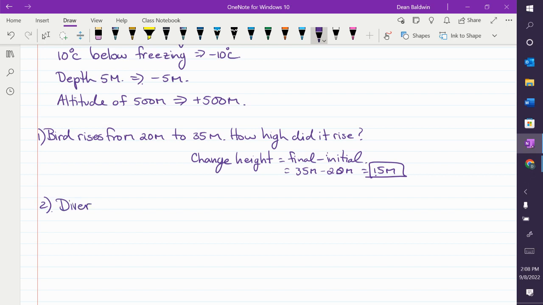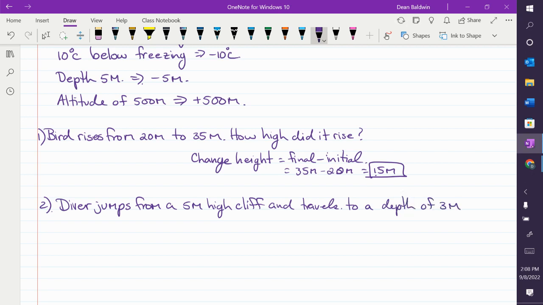So you have a diver who jumps from a 5-meter cliff and travels to a depth of 3 meters under the water.